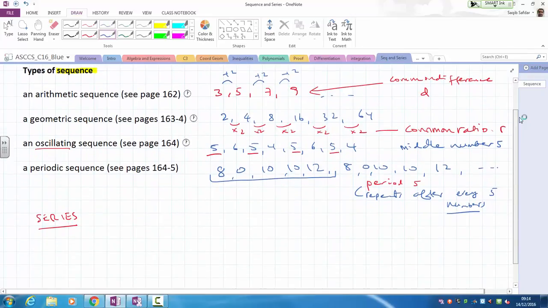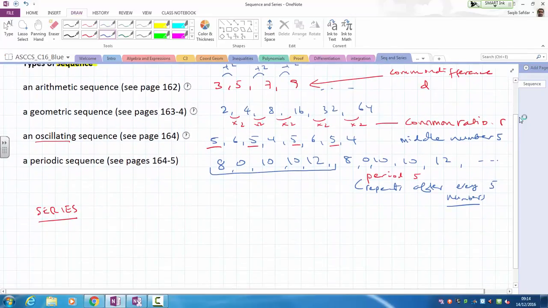Now, a series, on the other hand, is the sum of terms of a sequence.